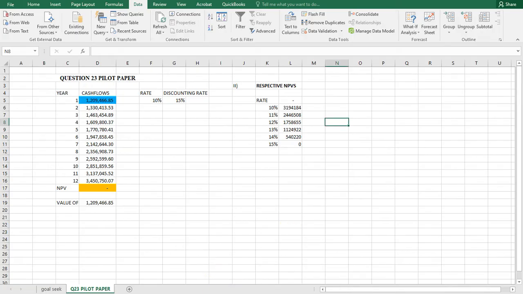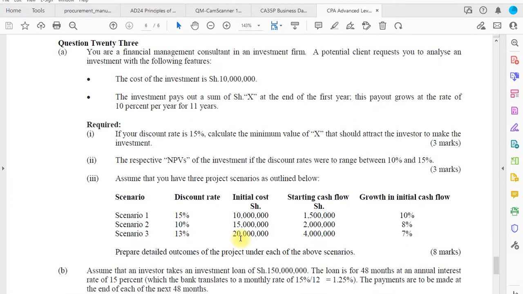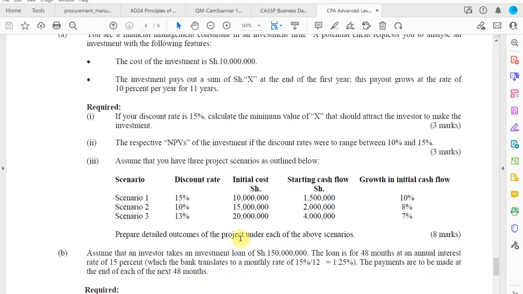And when you look at the third part of this question, assume that you have 3 project scenarios as outlined below. So we have scenario 1, 2, and 3, and you have the discount rates. The discount rate of 15 can either be 15 or 10, and we have the initial cost.